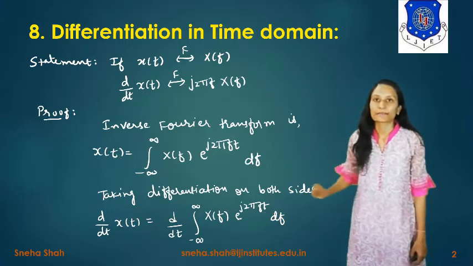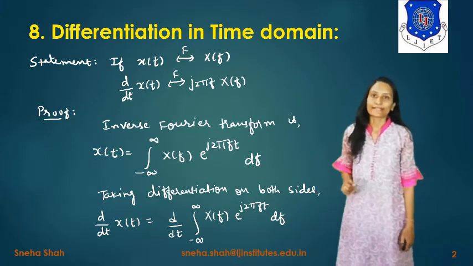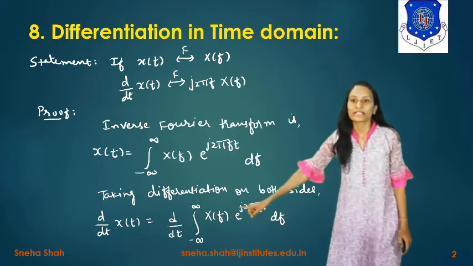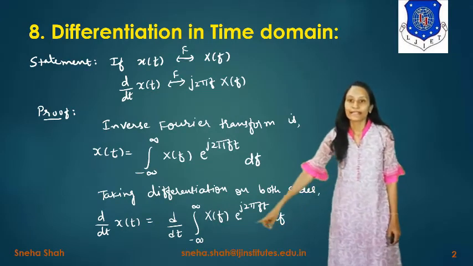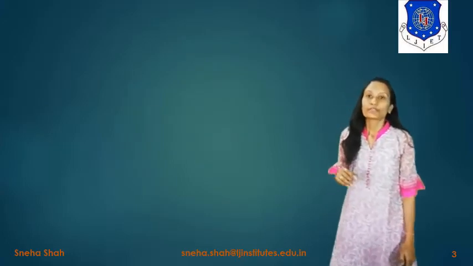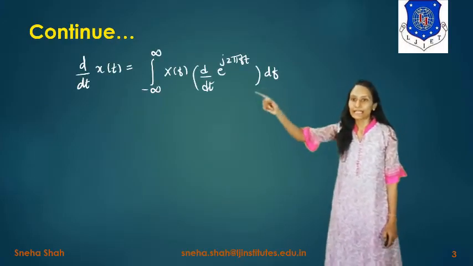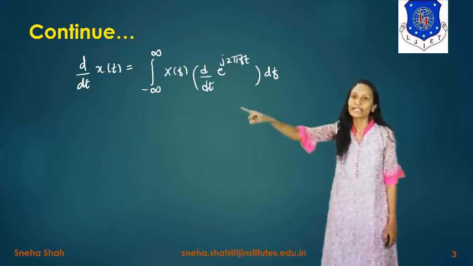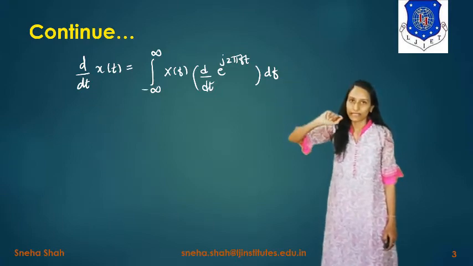Differentiation is with respect to time t and the integration is with respect to frequency f. So if we change the order, differentiation is first so we take it second, and integration is second so we take it first. Then the next step is d by dt x of t equals the integration from minus infinity to infinity of X of f d by dt e raised to j 2 pi f t df.